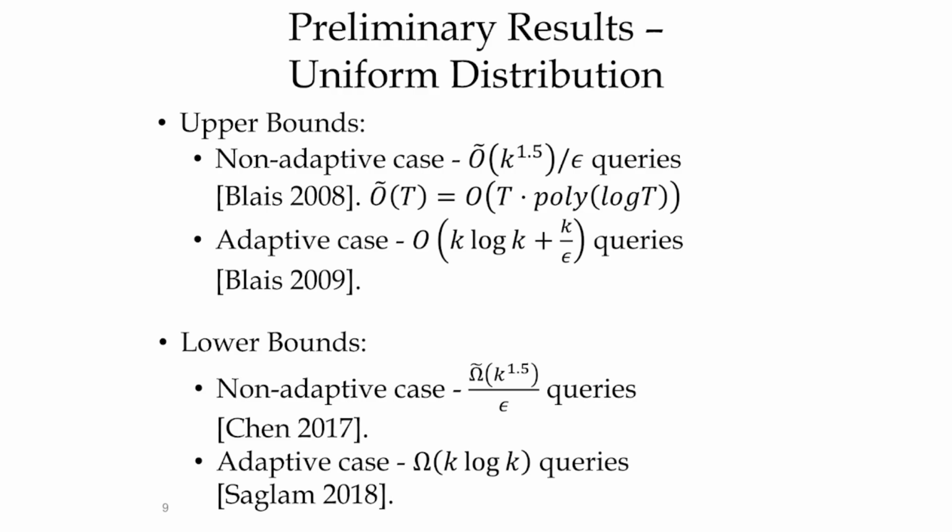So what kind of work and results do we know already today? Let's say, for example, that our distribution is uniform. If we want to look at the upper bounds of the number of queries, we have two cases, adaptive and non-adaptive.